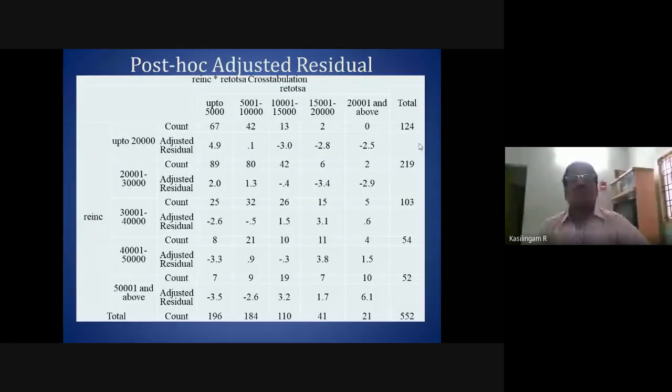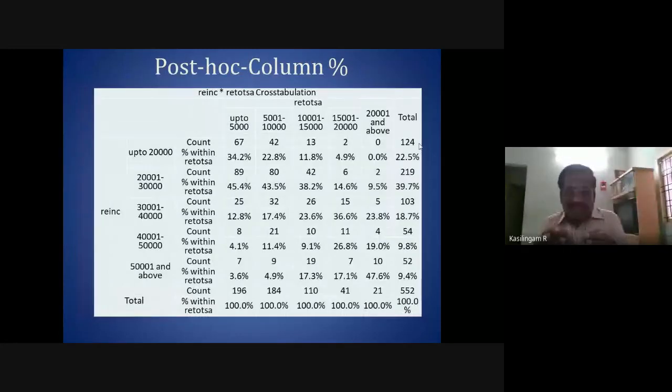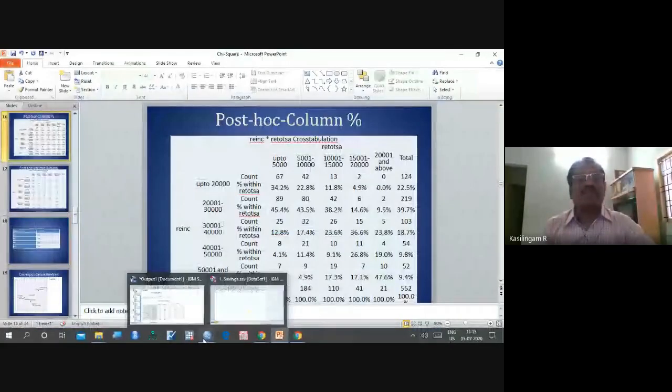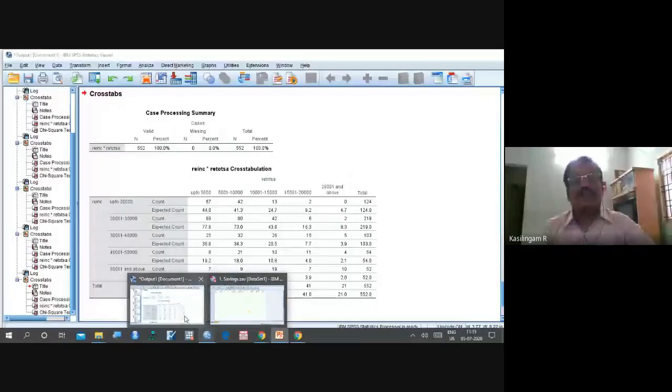Now we'll use a very simple one, but it is a little difficult to understand, so please come with me. I'm using a very simple post hoc, column percentage. How am I going to use column percentage?